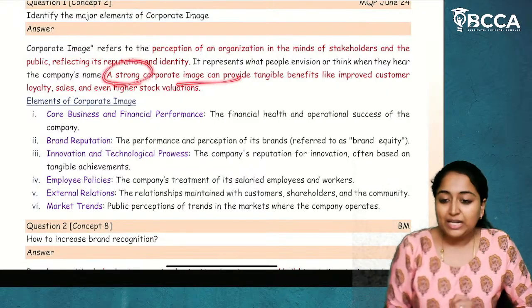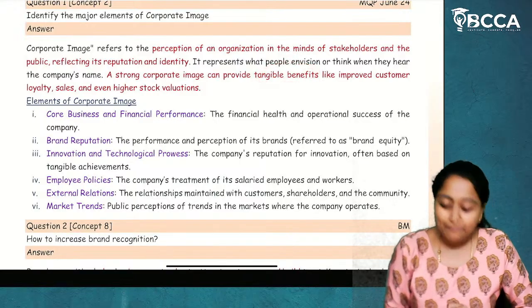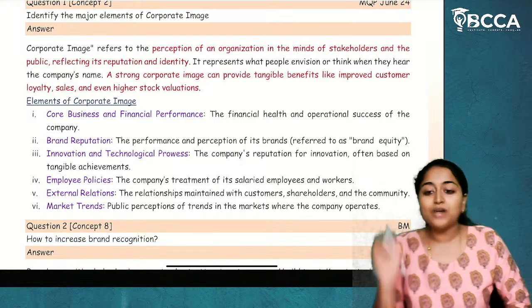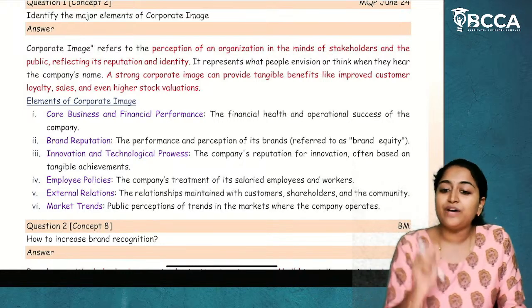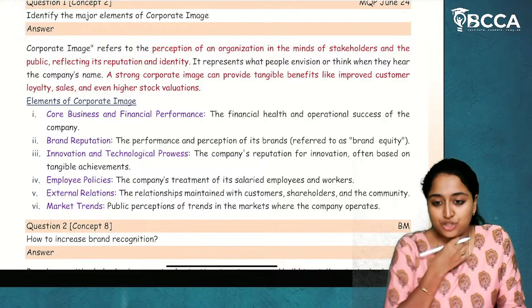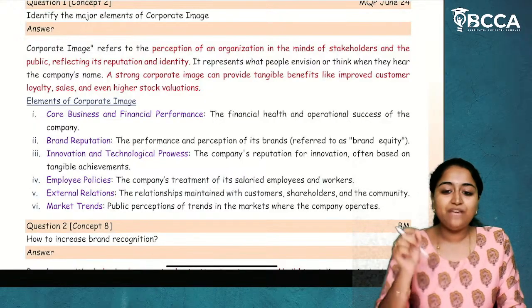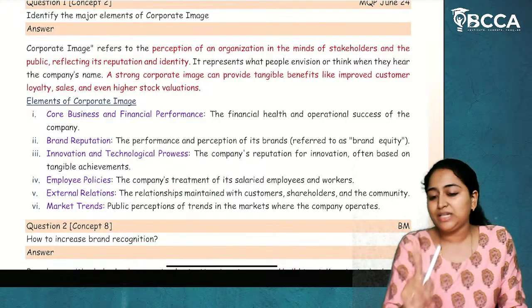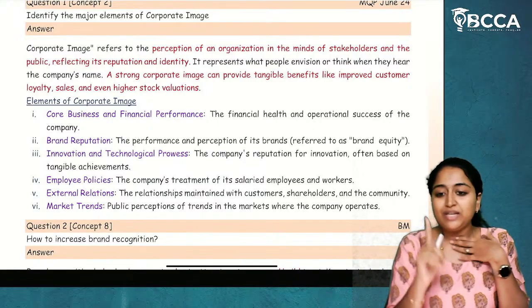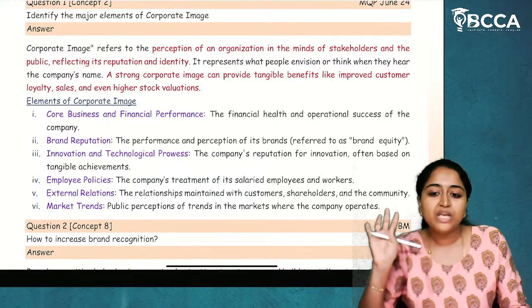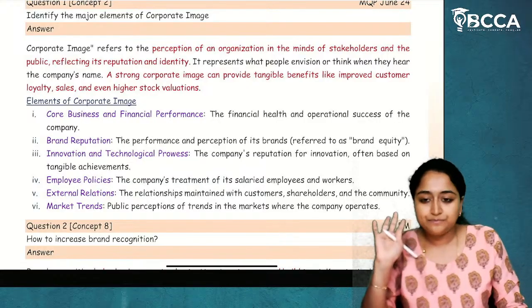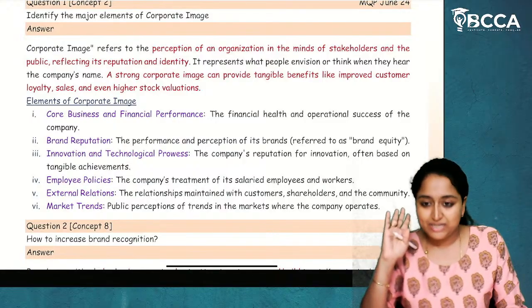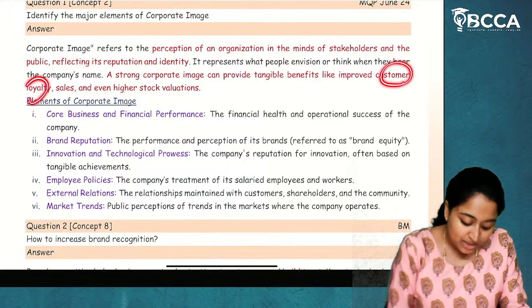A strong corporate image can provide tangible benefits like improved customer loyalty, sales, and even higher stock valuation. Now, what happens if an organization has a good corporate image? For example, if you are thinking of purchasing a watch, and you think Fastrack watches are better, or iWatches are better, that is the perception you have for that organization, which creates customer loyalty.